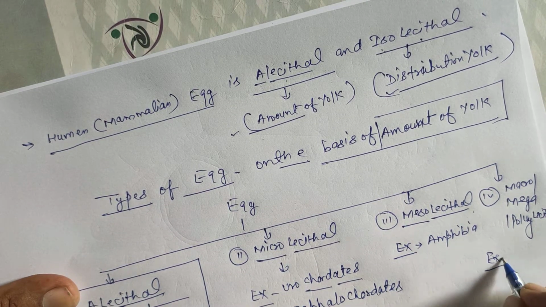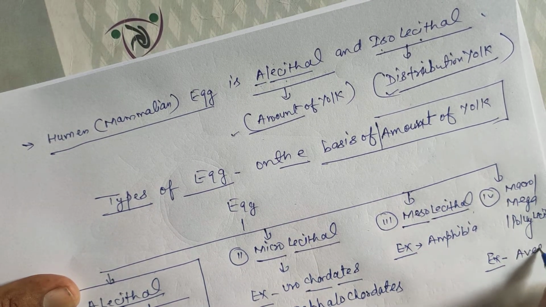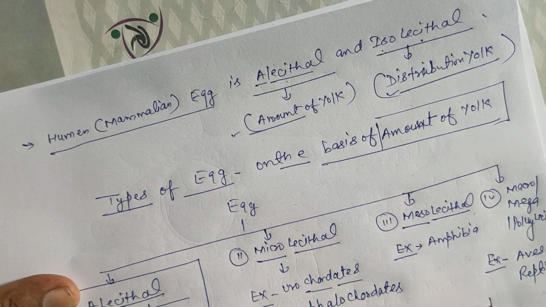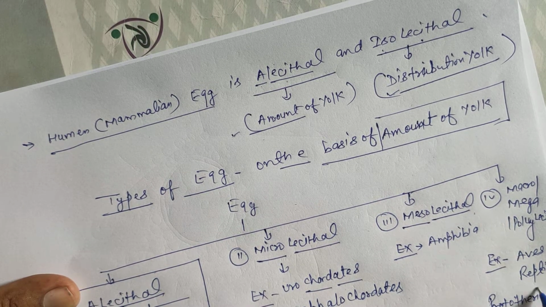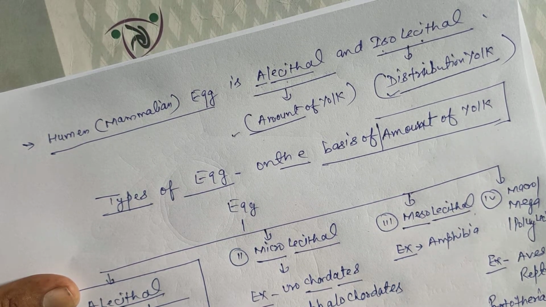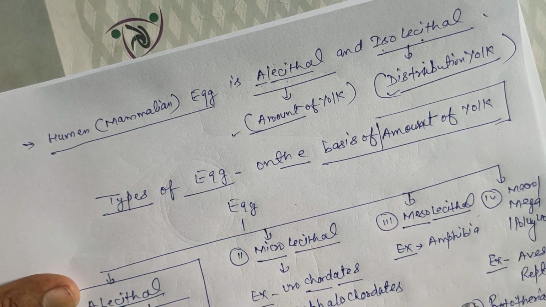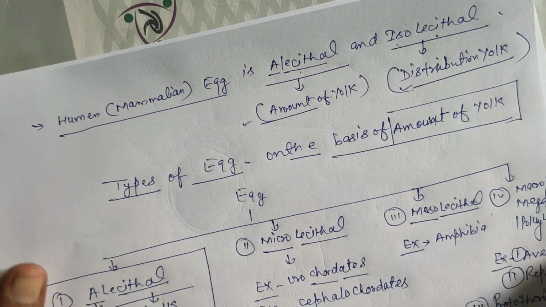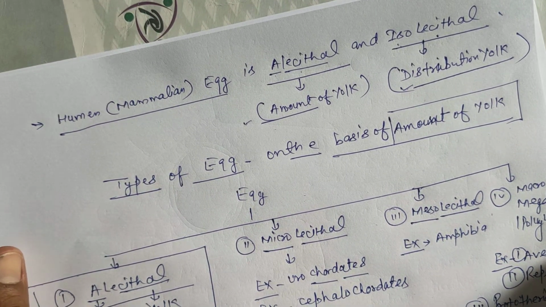For example, class Aves, class Reptilia and prototherian mammal, for example, duckbill platypus, echidna. Once again, types of egg on the basis of amount of yolk.